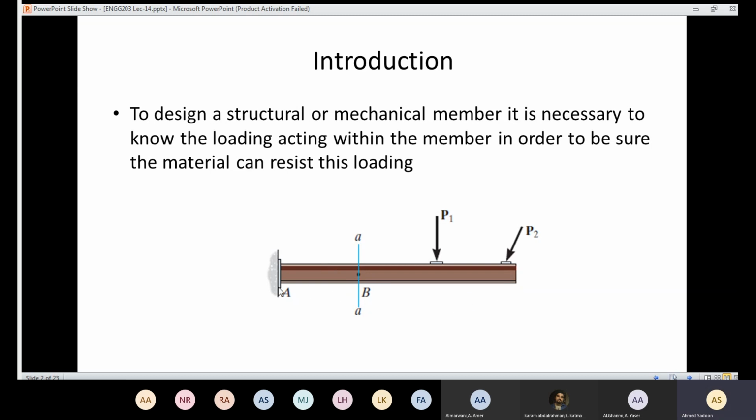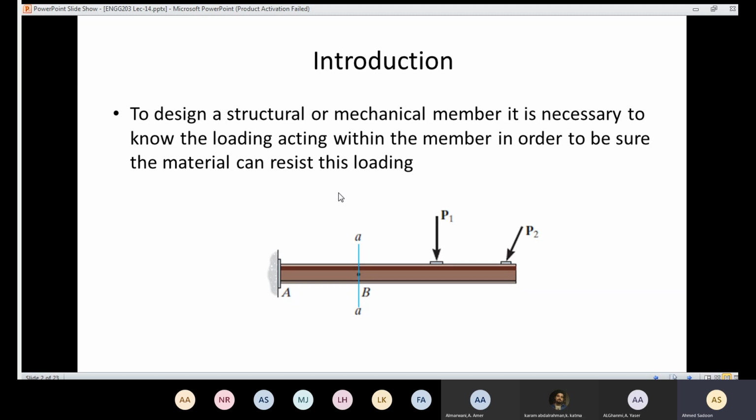For example, I need to know the internal forces in that section AA. So in order to do that, I need to take a section. I need to pass an imaginary line. I'm going to call it section AA here. Then I'm going to know how to calculate the internal forces.